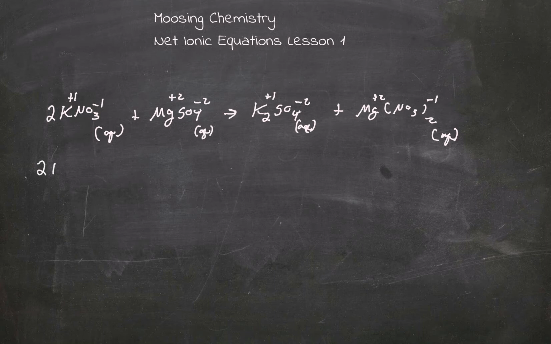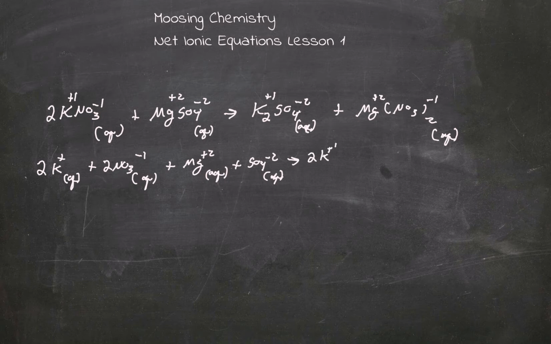So we got 2K AQ plus 2NO3 AQ plus Mg plus 2 AQ plus SO4 minus 2 AQ yields 2K plus 1 AQ plus SO4 minus 2 AQ plus Mg plus 2 AQ plus 2NO3 minus 1 AQ.